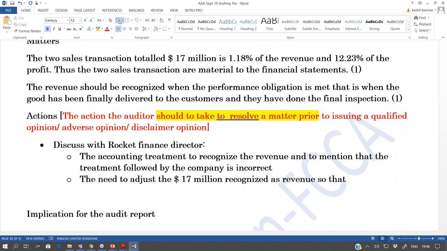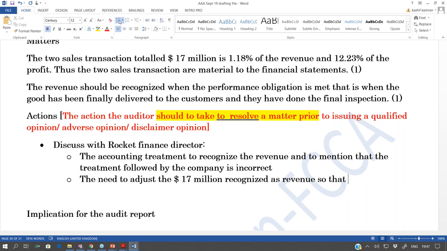So when you get to know that the revenue has been wrongly recognized, prior to issuing the report, you're discussing with the Rocket finance director the accounting treatment to recognize revenue, and mentioning that the treatment followed by the company is incorrect. You get to know this at the completion stage of the audit, right?